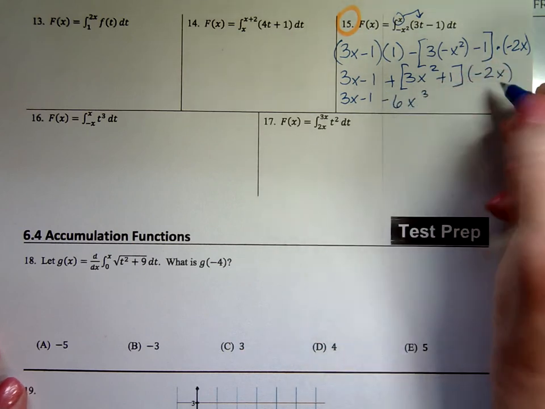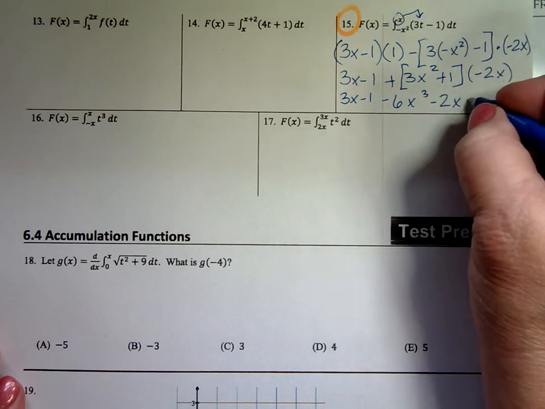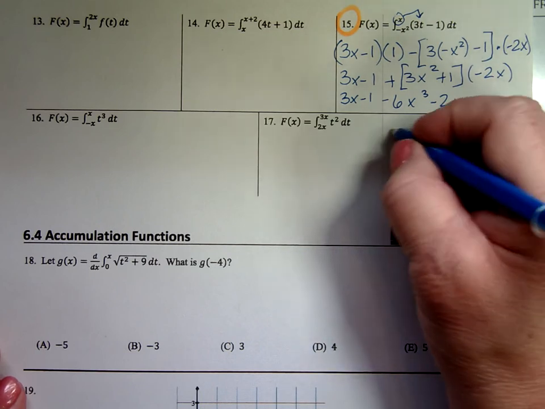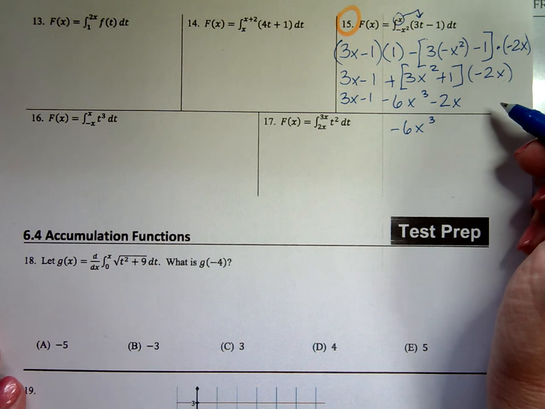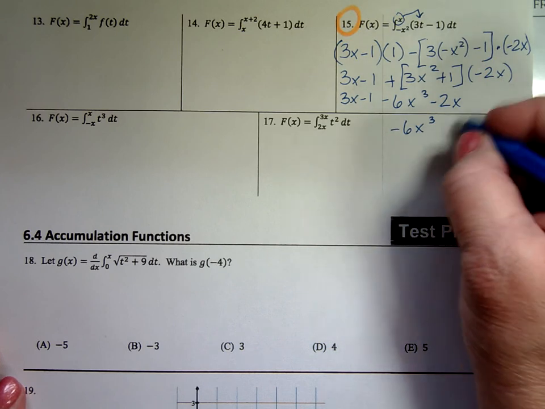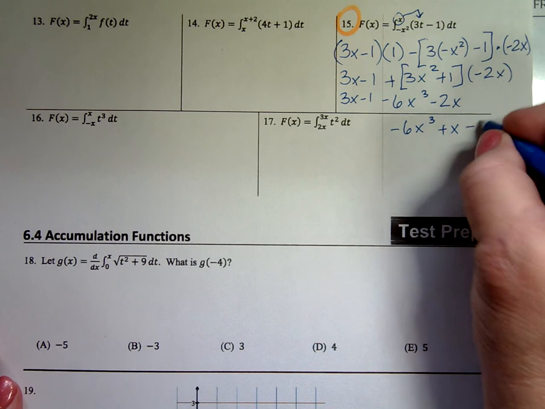And a negative 2x times 1 gives me a negative 2x. So final best answer: I've got nobody else cubing. I have no squares. The squares went away. So I have a 3x minus 2x, so I've got a plus x, and I have a minus 1, and that's my 15.